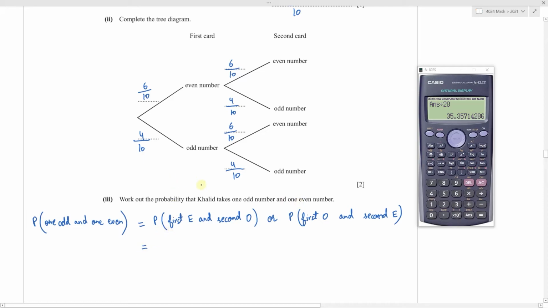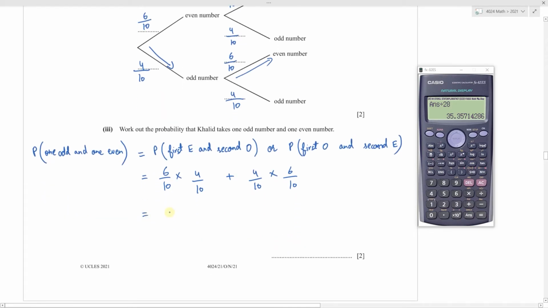So first even this way is 6 over 10, multiplied by second odd, because there's an "and" here, so you're multiplying, second odd is 4 over 10. And then you have "or", that means you're adding: first odd 4 over 10 multiplied by second even, which is 6 over 10.